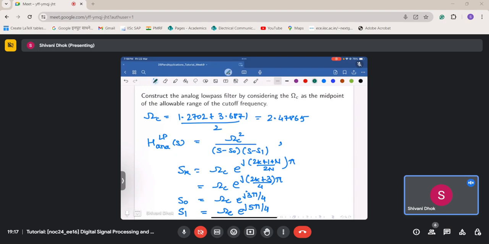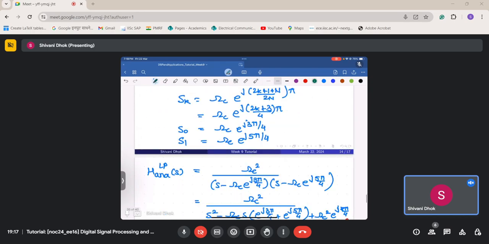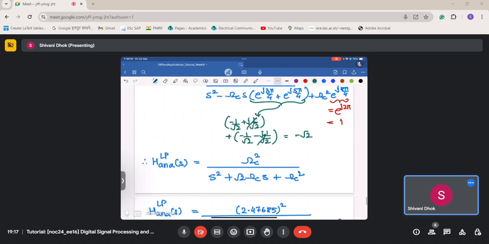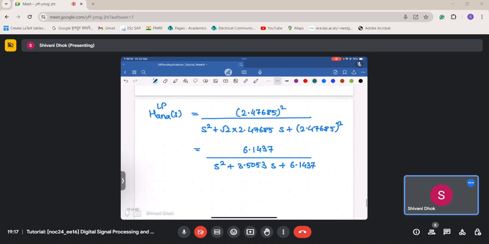Any questions in this part? Is it clear? Is it fine?